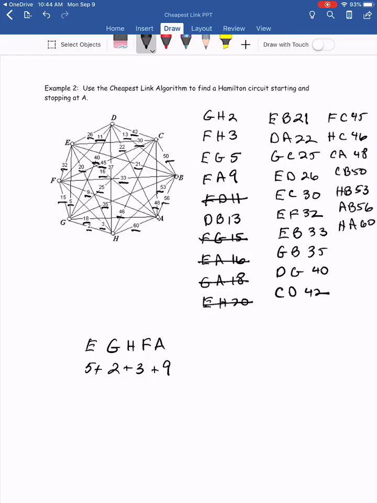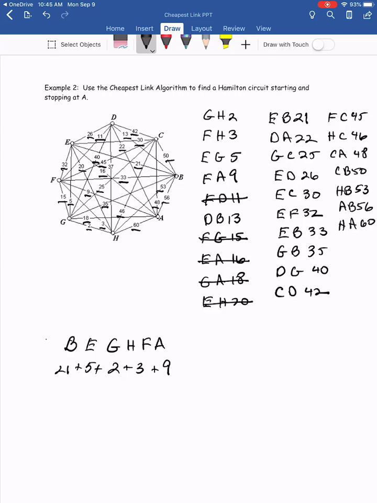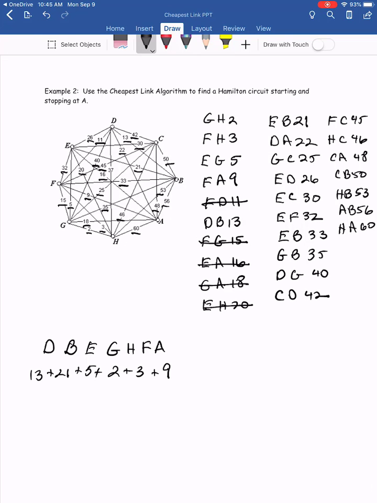EH won't work. EB, that one I can use, and that's 21. And notice DB I can now add on. That was 13. I've got 7 vertices, 8, I need one more. So I have not linked in C. That's the one I still need to work on.